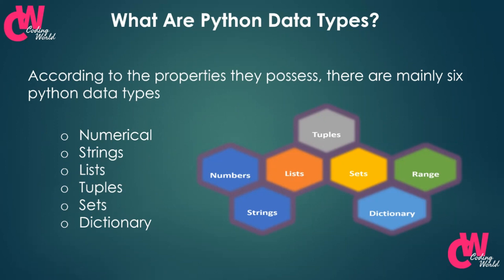There are mainly 6 Python data types, but there is a seventh data type which we will use further on, and I'll explain it in later videos. So here we have 6 data types: numerical data types, strings, lists, tuples, sets, and dictionaries. Okay, we will discuss these one by one.